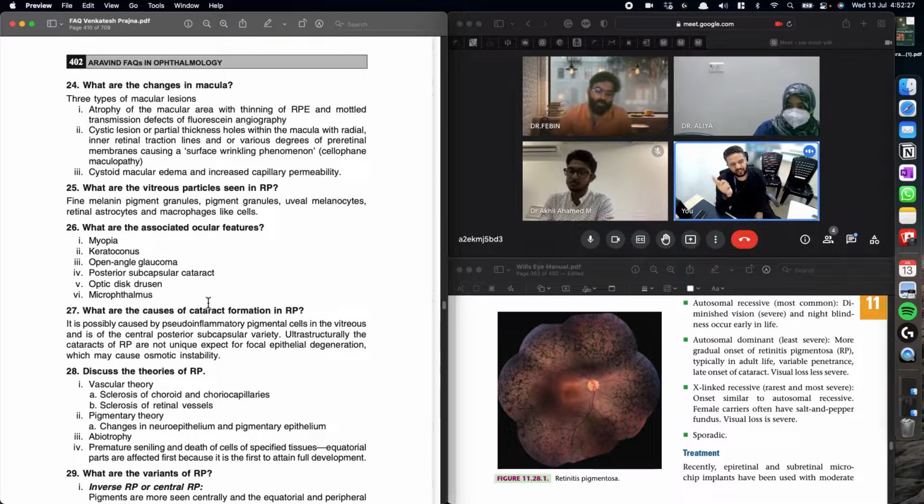Keratoconus is there. Then myopia. Index myopia is happening due to PSC, so both of them are there. Then disc drusen, but disc drusen is not that common.